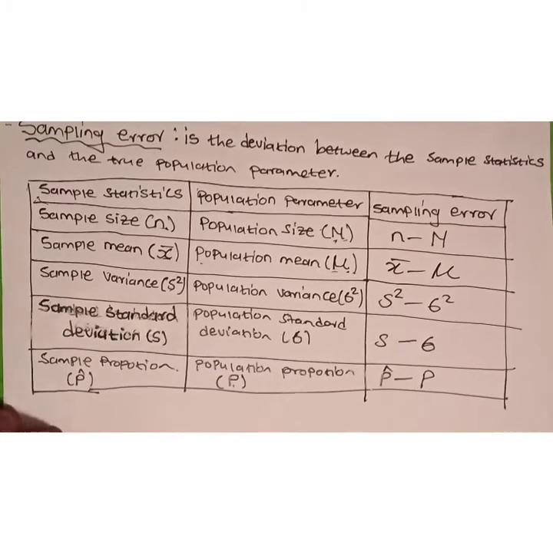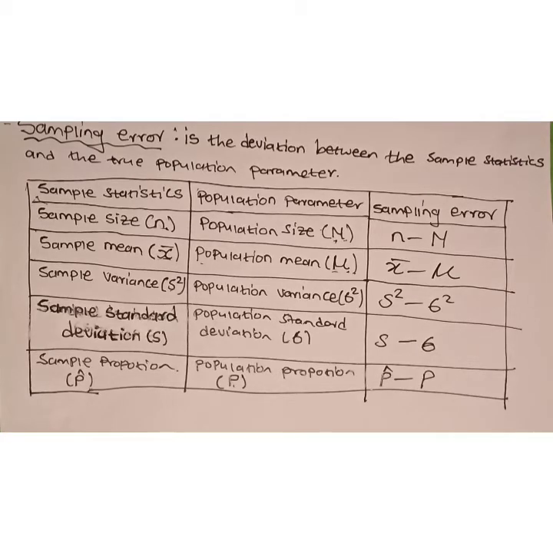We also have methods of sampling: probability sampling and non-probability sampling. Let's discuss each of them. Probability sampling is based on the fact that every element of a population has a known and equal chance of being selected.